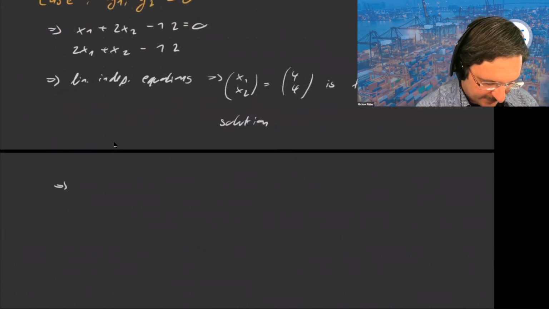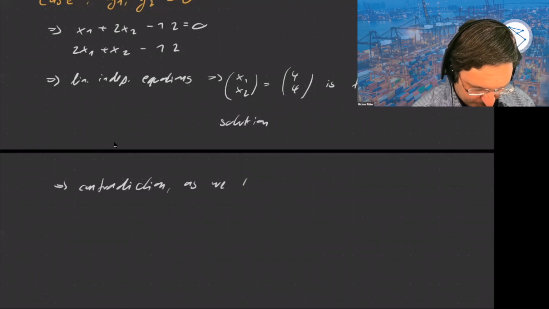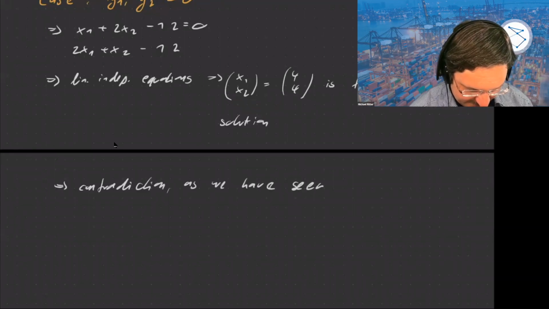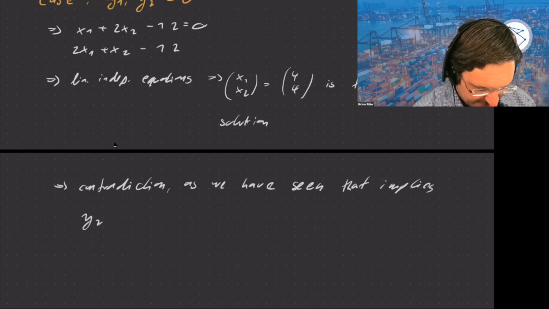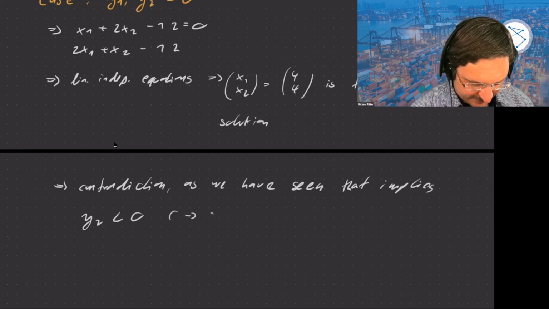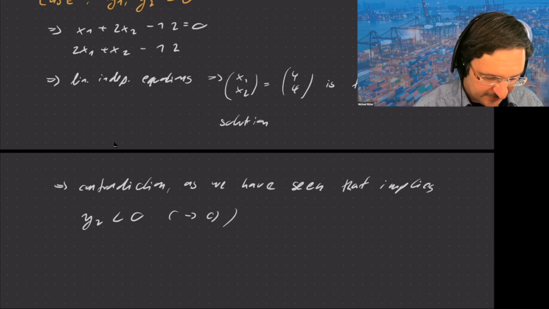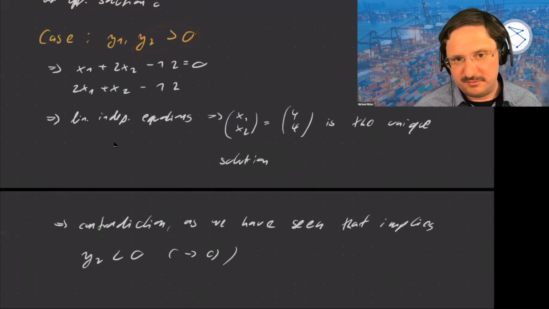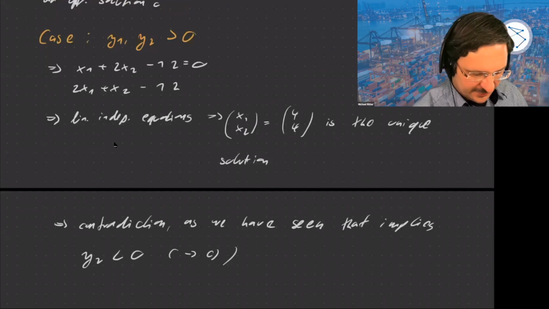However, that leads to a contradiction, as we have seen that implies, I think it was y2 being negative. So part C of this problem. Right, and of course that conflicts with our assumption here that y2 was actually positive. So there is no solution with that property, y1 and y2 being positive.